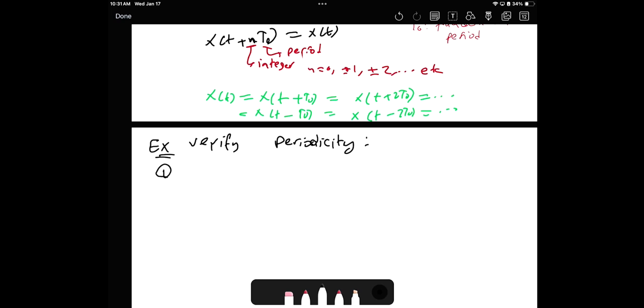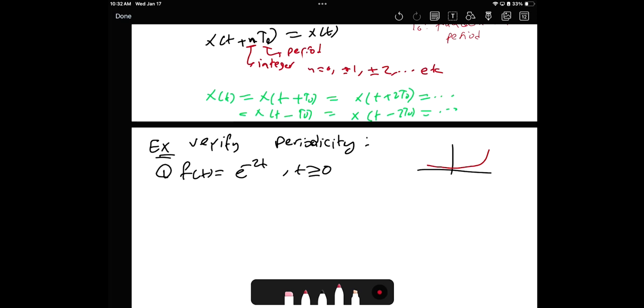The first function: f of t equals e to the power negative 2t, for t larger than or equal to 0. Is this function periodic? Yes or no? When we look at the waveform, it is exponential, so it's not repeating itself every specific period of time. So of course it's not periodic.